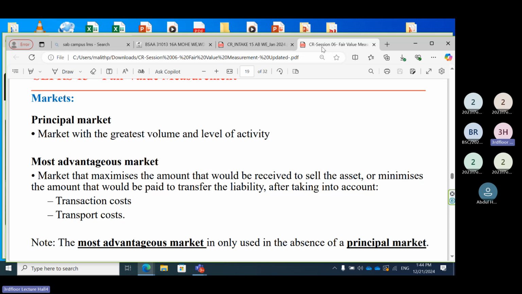It should be a market-based approach. But when you go between markets, you have different prices. For that, we have a clear guideline. Once you are doing your market price-based valuation, you have to use the principal market price.